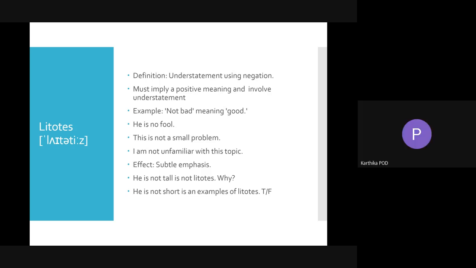Why is that not a litotes? He is not tall is not litotes. Why? Can someone explain?